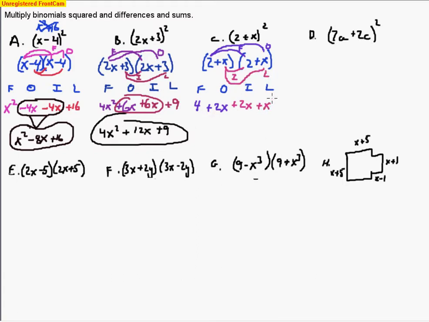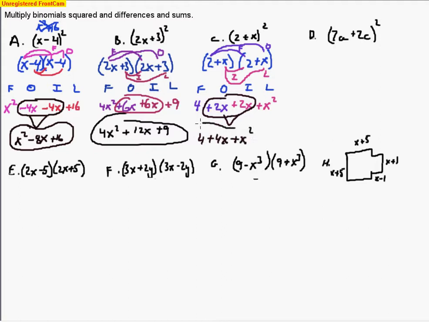So you'll see this is in ascending order, lowest exponent to highest. Well, again, same thing again. First and last are perfect squares, and they're both positive. Outer and inner are the same number, same sign, so they always add together. And so we end up with a 4 plus 4x plus x squared.